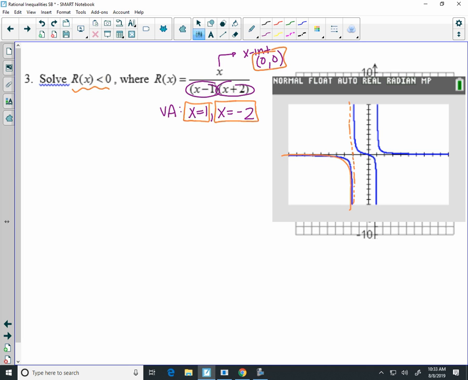So if I start building my interval notation from -infinity to -2, we're definitely below the x-axis. It's strictly less than, so in this middle, now we're looking between 0 and 1. We're not going to include 0, but from 0 to 1, we are below the x-axis as well.